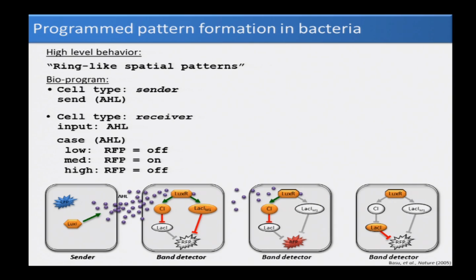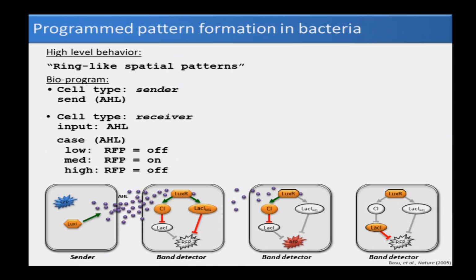So this defines the low threshold, and this defines the high threshold. Under the low threshold, nothing gets activated. Whenever you have just the right amount, it activates this, which represses this, which allows the fluorescent protein to get turned on.